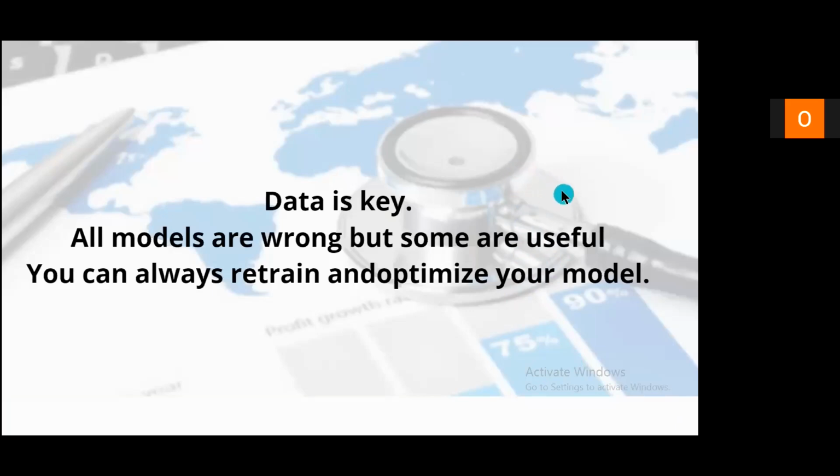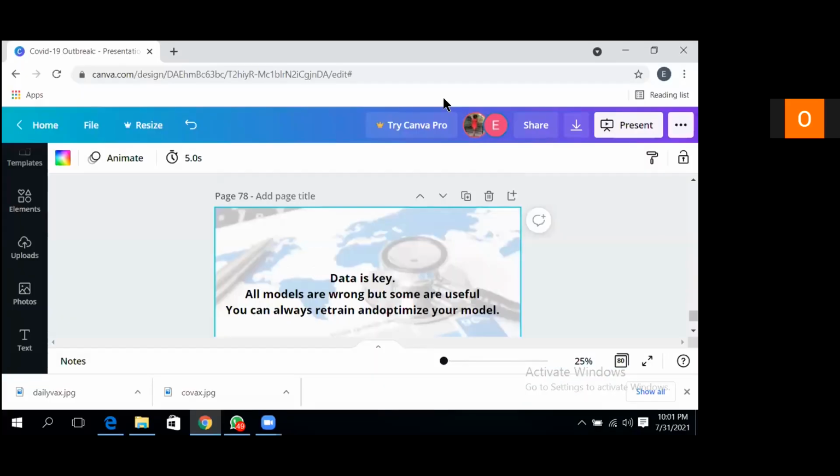That's why I said the more data you get, feed it into your model and make it learn better. There are also some parameters in your model that you can adjust to make your accuracy measures improve. So with that, I would take it back to Brenda for the closing remarks.